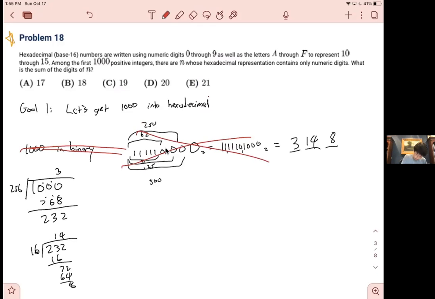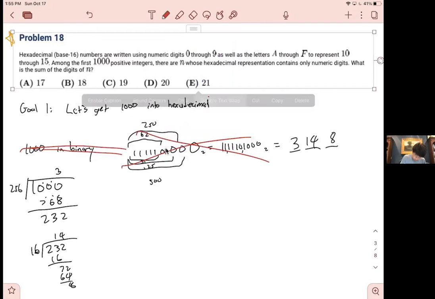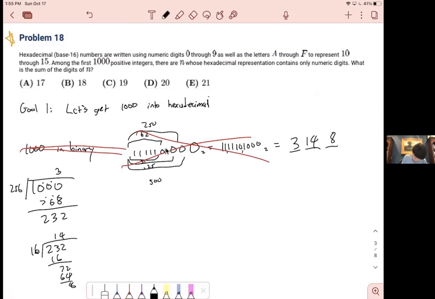So yeah. We have that 1,000 equals 3, 14, 8 in base 16. And so now this makes it a lot easier to find how many integers have a hexadecimal representation which contains only numeric digits.